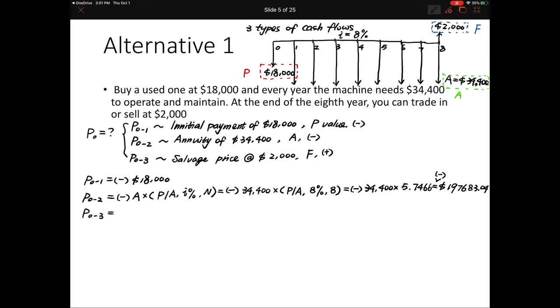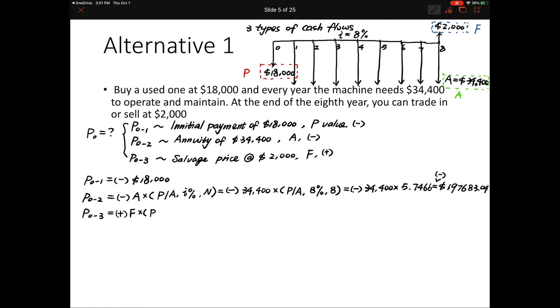And now you need to calculate the P03, which is a positive value converted from a future 2000. So you're looking for a present value given a future value, right?